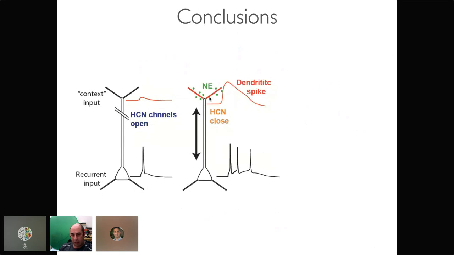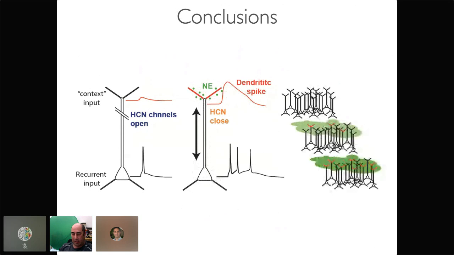But when you have norepinephrine, this norepinephrine closes the IH or modulates the IH and makes it less active. And this allows the dendrites to be more excitable. And then you have this ping pong between the context and the feed-forward input. And this can, of course, be different depending on the level of norepinephrine activity.